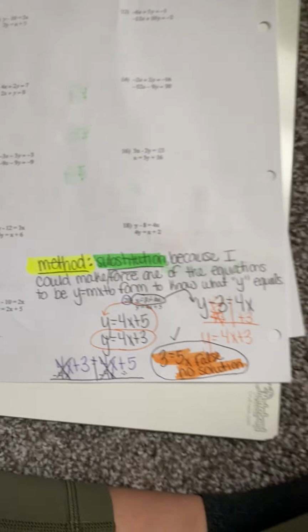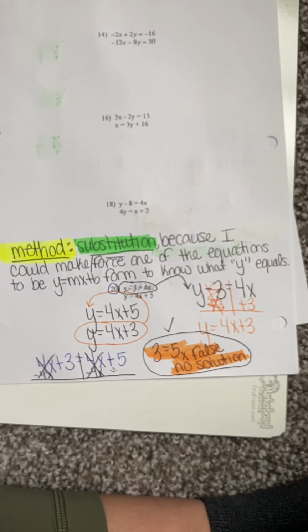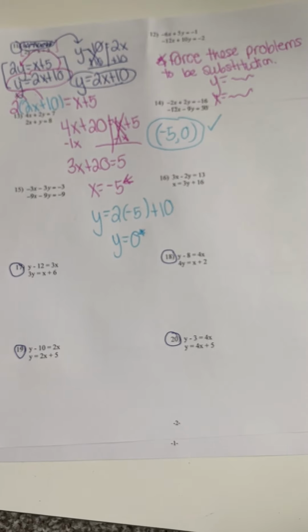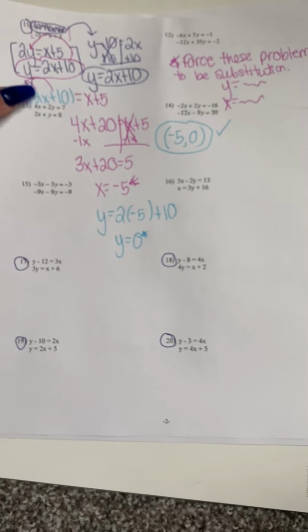So here is the example that I'm going to post as a picture, but I do have every single part of the assignment in this example. So just to let you all know that, just for comfort. So let me know if you have any questions, okay? I know this is confusing, but it'll be okay. And just reach out to me through email or Remind or on Google Classroom.